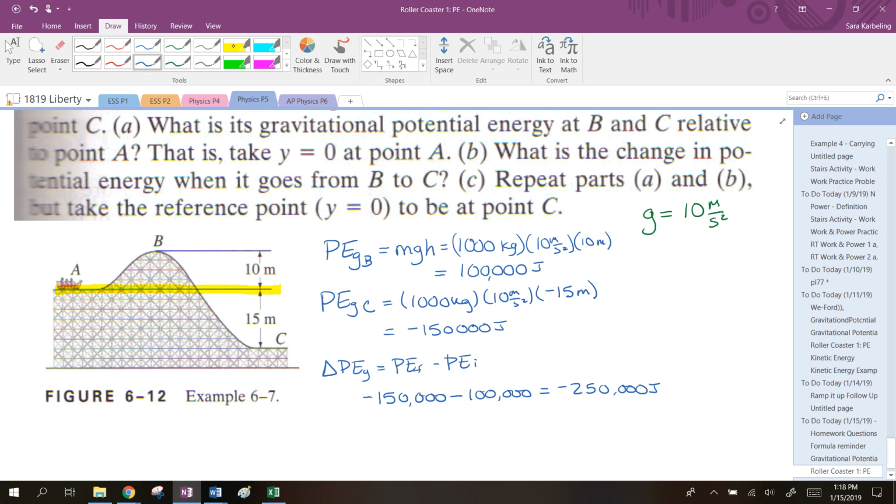Now, I don't want to go through all the process. I want to know what is the change in potential energy if I call my H equals 0 here.